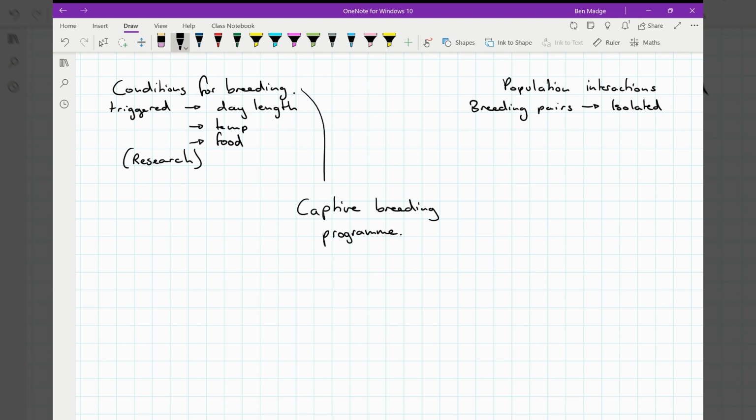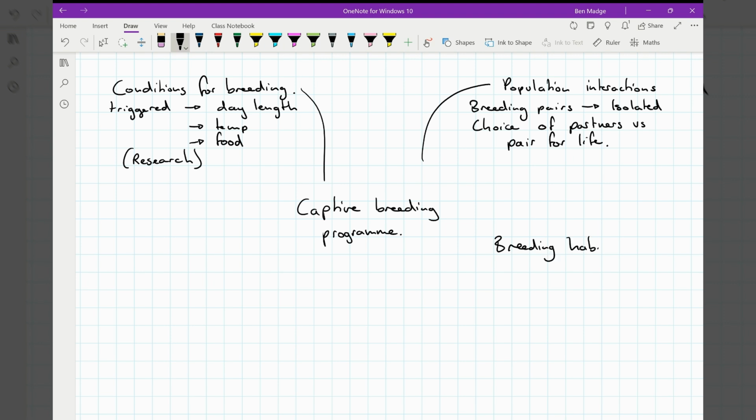Some need to have a choice of partners versus some that are like pair for life. So again, we need to make sure that we are providing this correct mix of individuals.